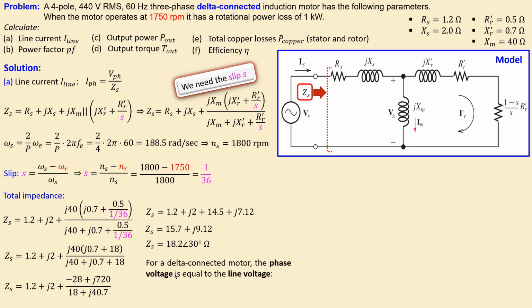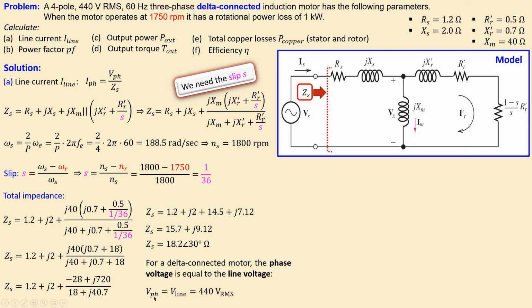For the next step, we also need to know what the phase voltage is. For the delta connected motor, the phase voltage is equal to the line voltage. So this is line voltage, always line voltage, but the phase voltage is then also 440 volts RMS.